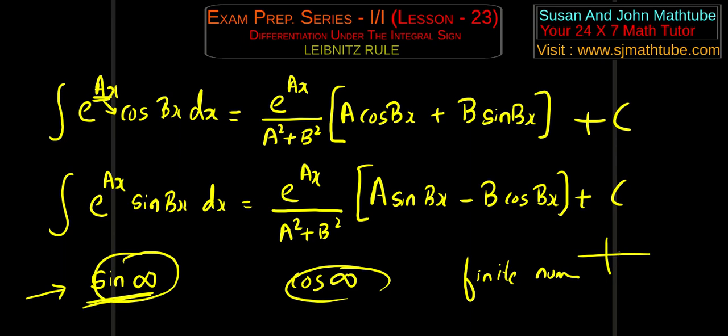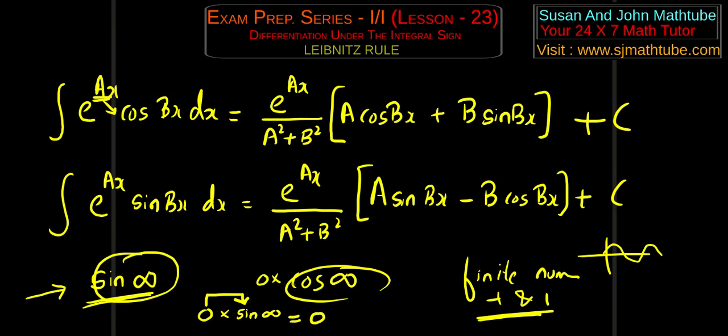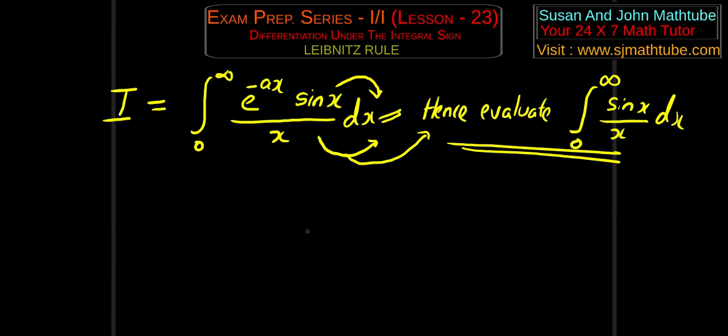And because of the graph, we know that the numbers lie between -1 and 1. So remember, 0 into sin infinity is not an indeterminate form. It will be equal to 0, because this is 0 into a finite number. Same logic holds for cos. With that information, let's start.